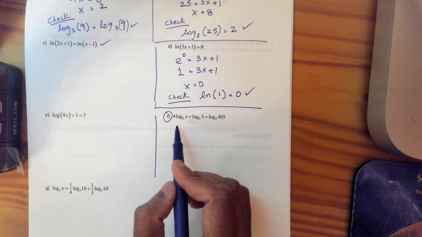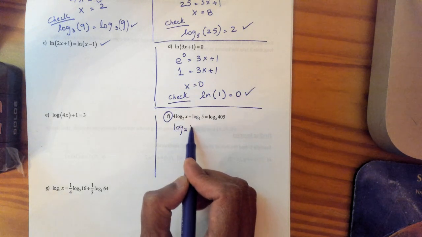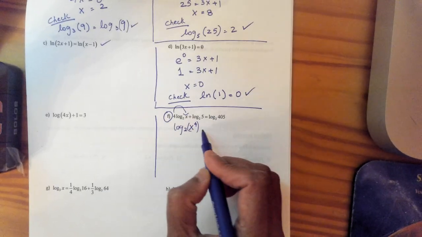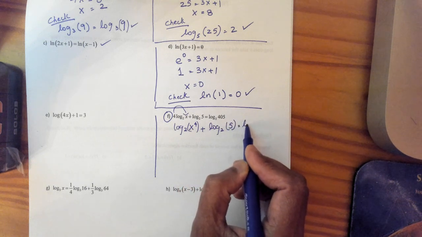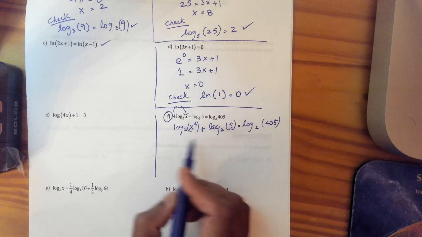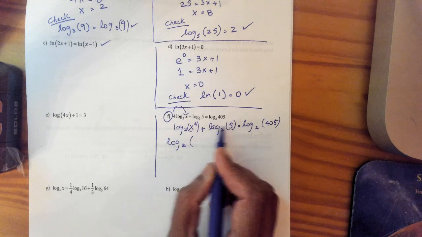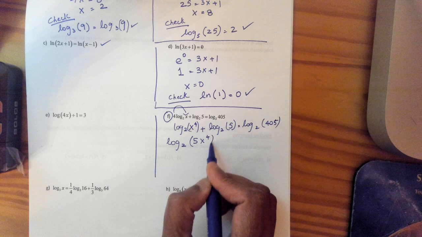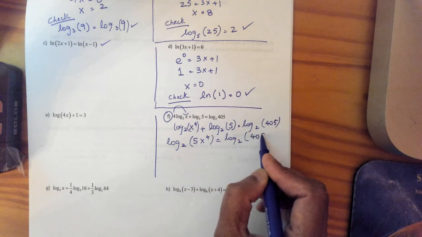So basically, the first step is log base 2 of x to the power of 4. You guys remember this, right? Using the log property, plus log base 2 of 5 equals log base 2 of 405. Now I can still combine this. Because it's addition, I can multiply 5 and x to the 4th power equals log base 2 of 405.